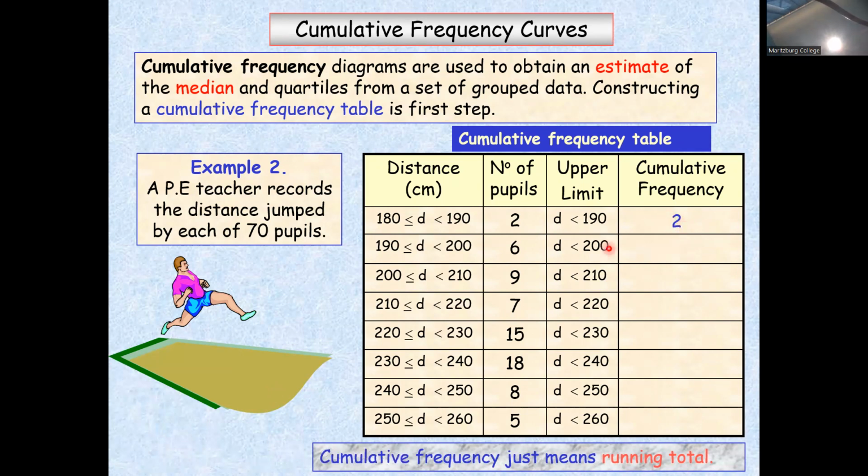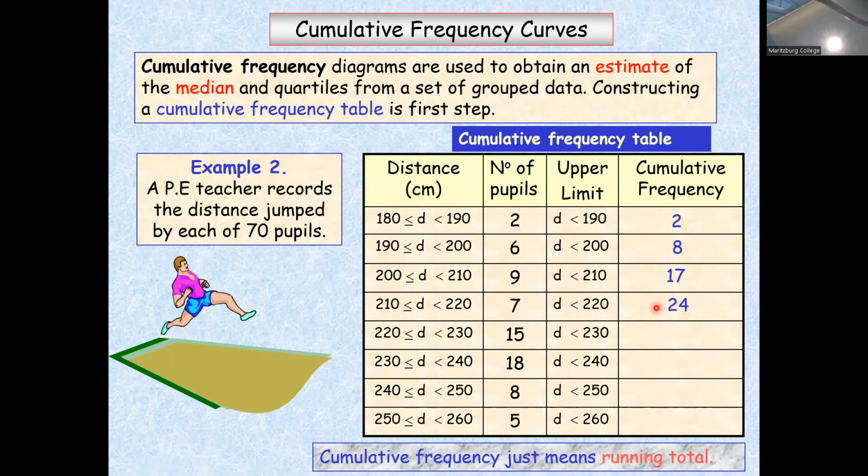To get our next value, we take 2 plus 6, which gives us 8. To get our next value, we take 8 plus 9, which gives us 17. For our next value, we take 17 plus 7, and that gives us 24.